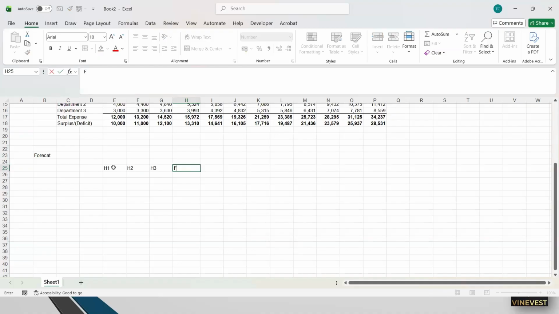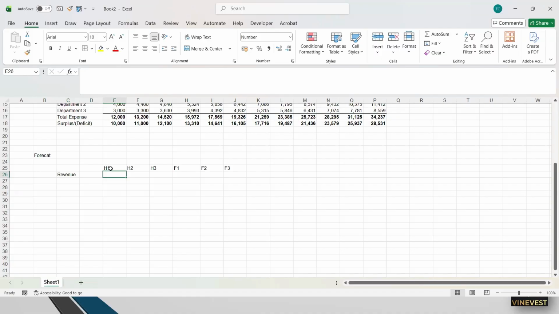Are you saying something? No. Okay, so let's say we just want to forecast. So I'm just using this to represent years. So let's say we already have revenue.